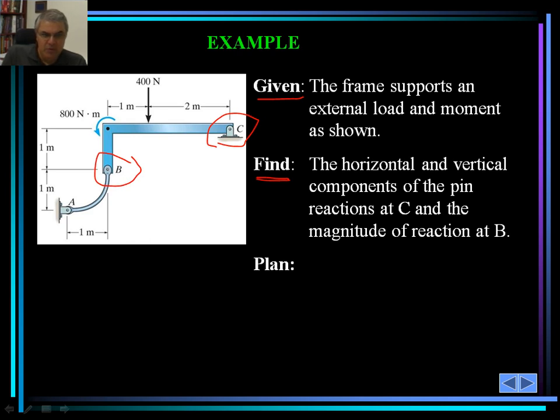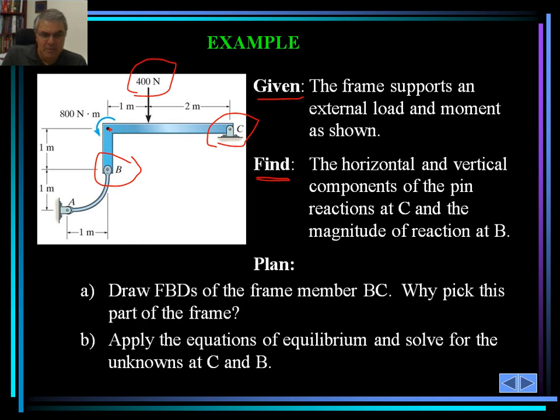So it's very important to first see what the problem is asking. There's a load applied here, 400 Newton, that's downward in the y direction, and there's also a moment of 800 Newton meter applied at this point right here. So the plan is we would draw the free body diagram of the frame member BC.